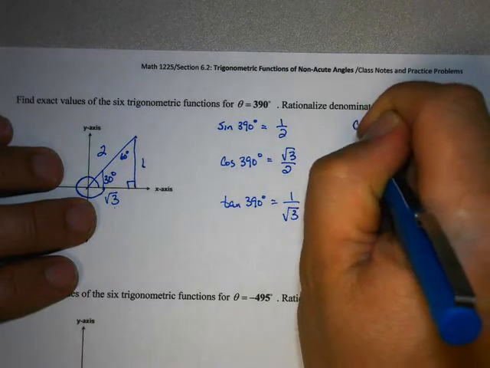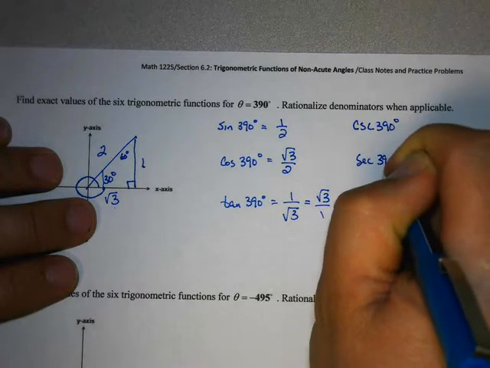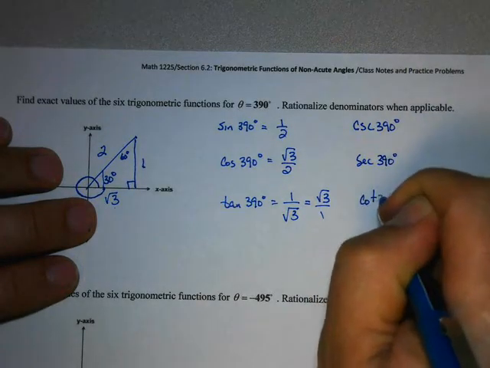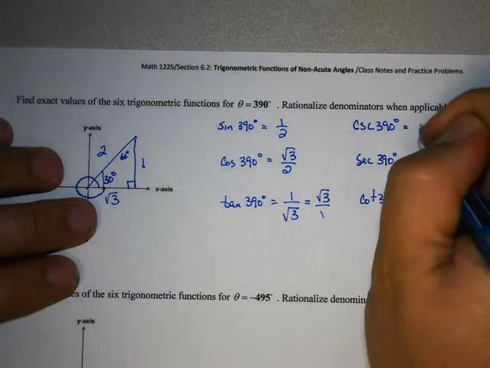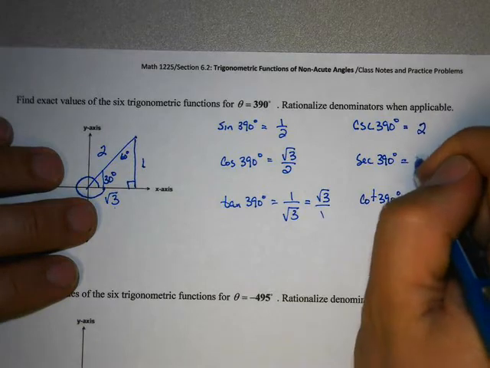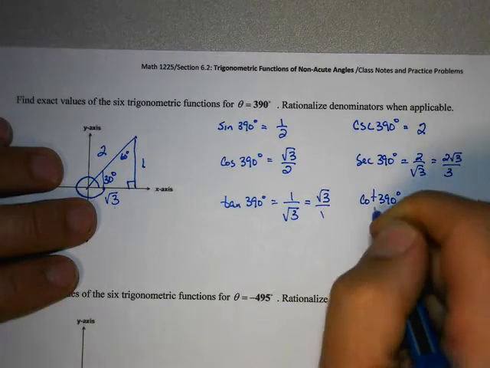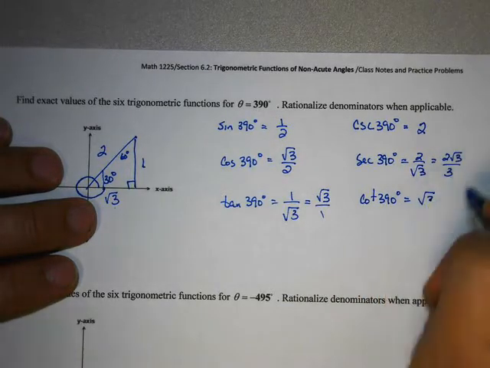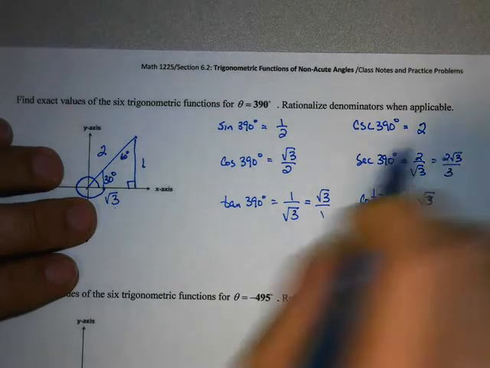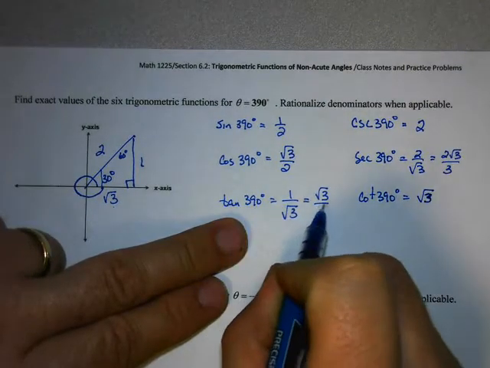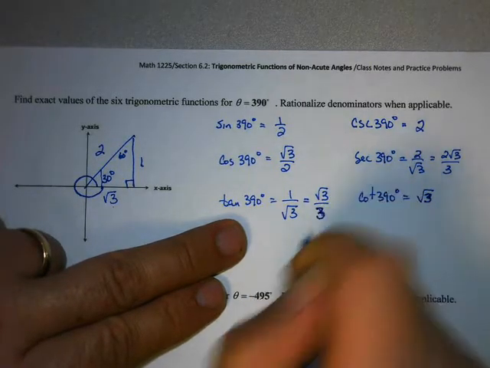So now we have cosecant 390, secant 390, and cotan 390. Cosecant's 2. Secant's 2 over the square root of 3, which is 2 square roots of 3 over 3. And cotangent is the square root of 3. But going back to tangent for a moment, this is the square root of 3 over 3 as you rationalize it.